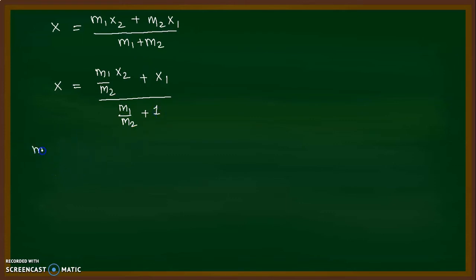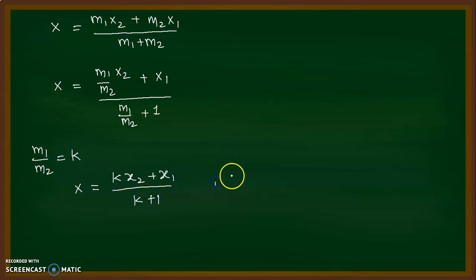Now in place of m1 by m2, write k. So we get another formula for x, that is equal to, in place of m1 by m2 we'll write k. So the formula is kx2 plus x1 divided by k plus 1. And similarly we can write the formula for y.